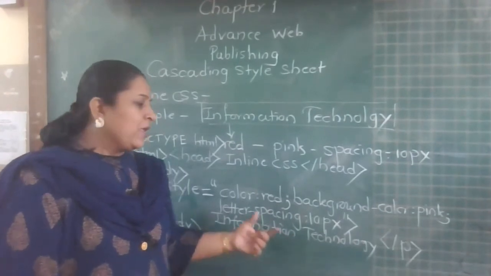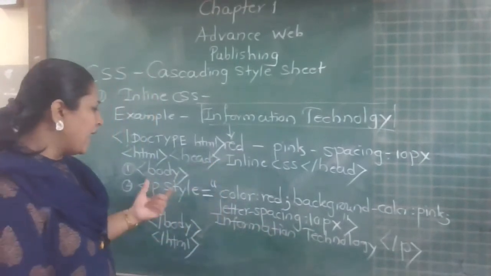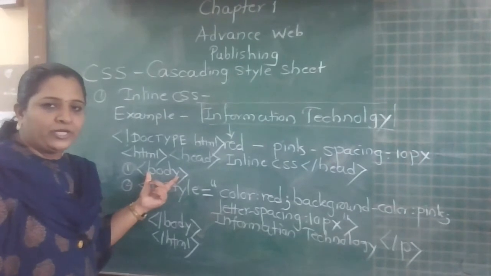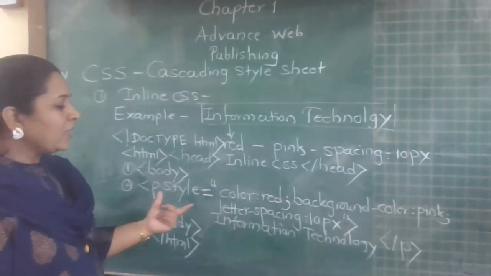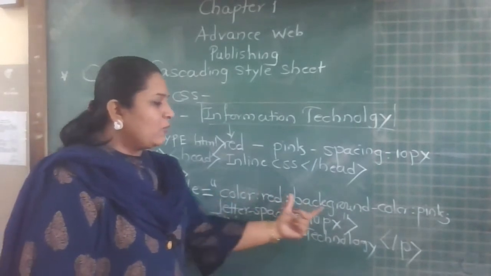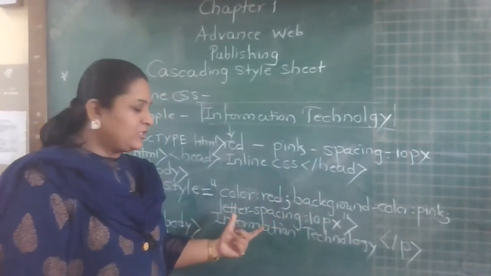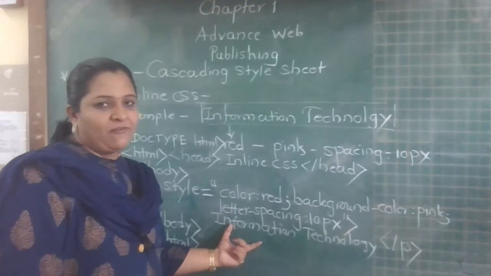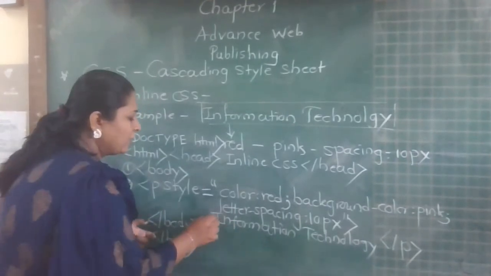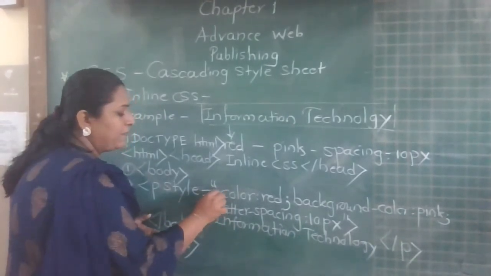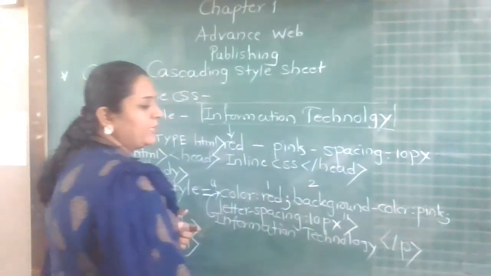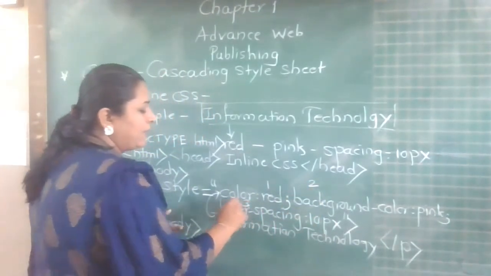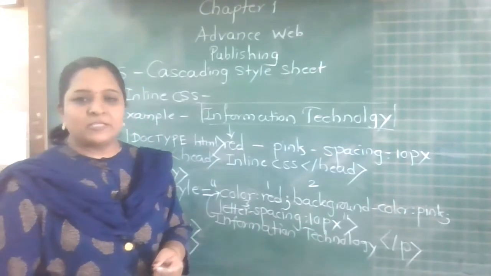When you run it, the cursor goes to the body tag, then it checks the p style tag, it checks properties 1, 2 and 3, and it checks the text as information technology. For the information technology, it applies the first property, color, the second property, background color, and the third property, letter spacing.